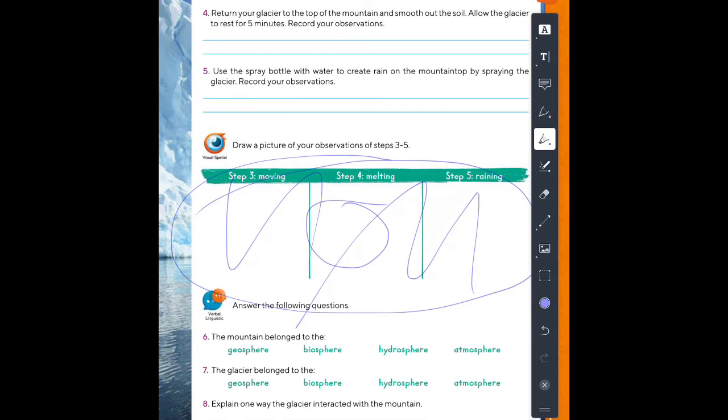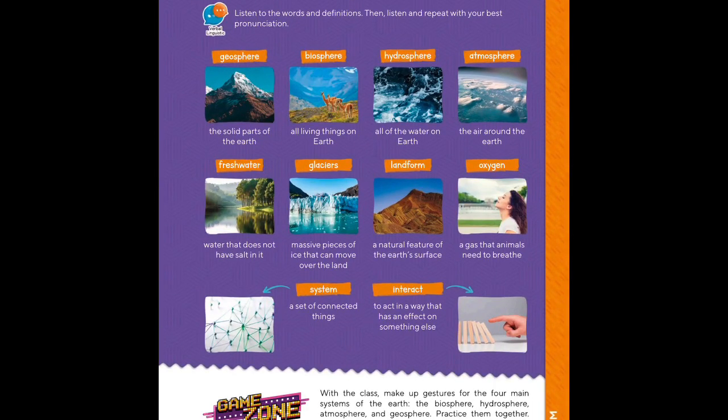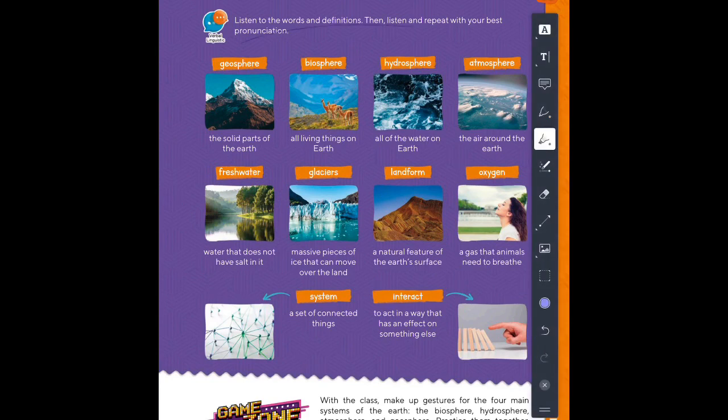Then it says answer the following questions. Number 6: the mountain belonged to the geosphere, biosphere, hydrosphere, or atmosphere. If you don't remember, you can go back to page 133 for the vocabulary, and you can see which one is the correct one.